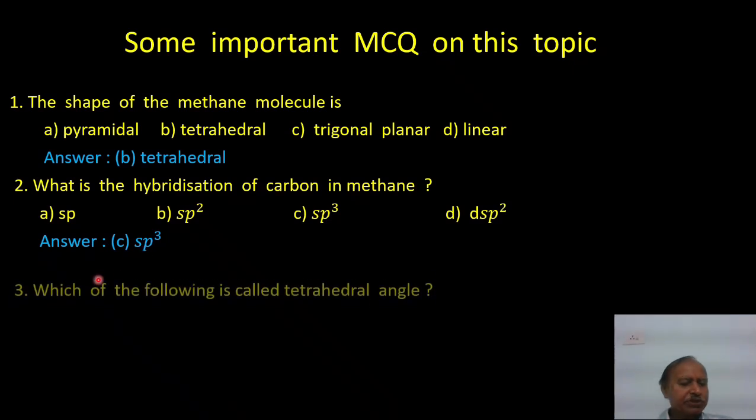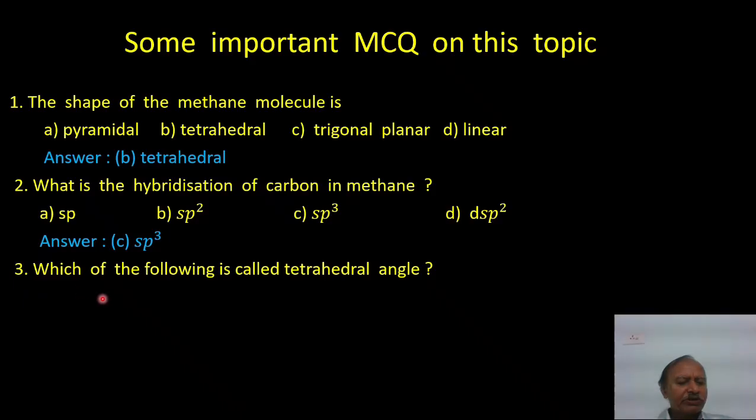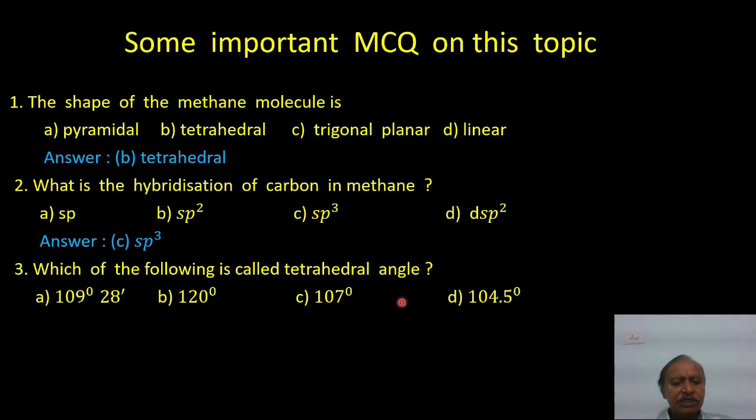Now look at the next question. Which of the following is called the tetrahedral angle? Option A 109 degrees 28 minutes, B 120 degrees, C 107 degrees, D 104.5 degrees. The correct answer is option A, 109 degrees 28 minutes.